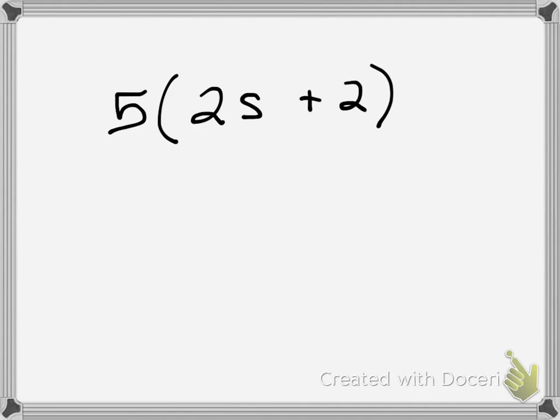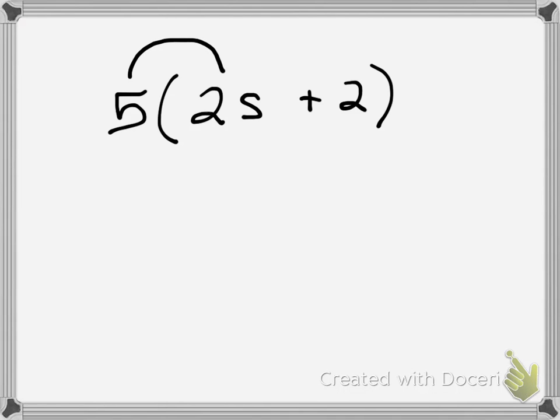The problem is we don't really know what s is equal to. If we did, this would be so much simpler because we could just add everything in here first and then multiply by 5. But we don't know that because s is a variable, s is unknown. So we are going to use the distributive property.